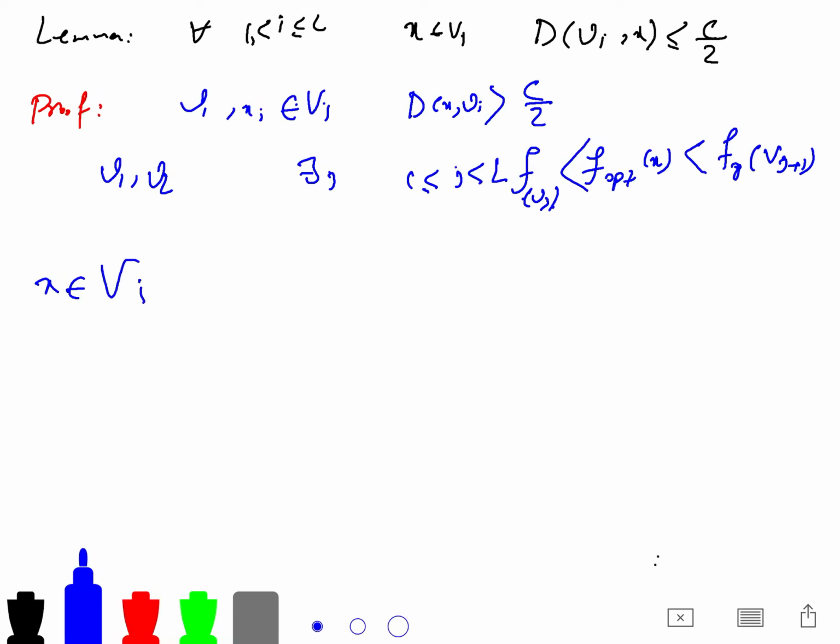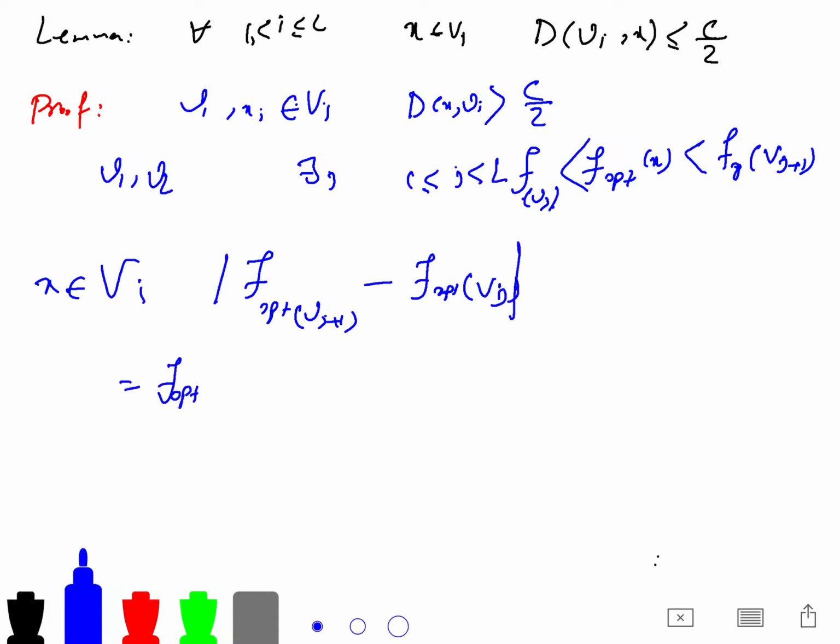Since x is inside Vi, we have f_opt of Vj plus 1 minus f_opt of Vj.